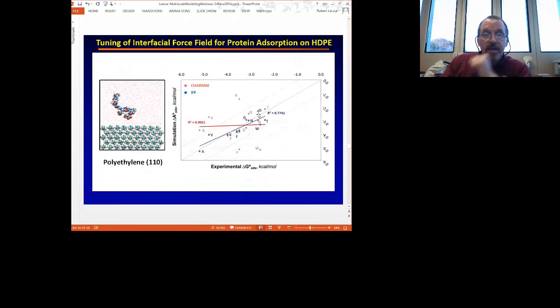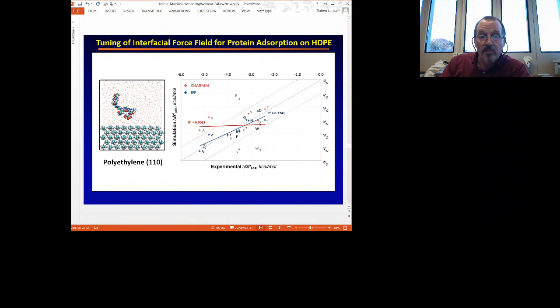And we've done this. Here are the results with polyethylene. Again, showing the simulation results on the y-axis versus the experimental results. If you look at the red dots, those are the default CHARMM parameters, showing there's actually no correlation between the energy results from the simulation versus the experiment.